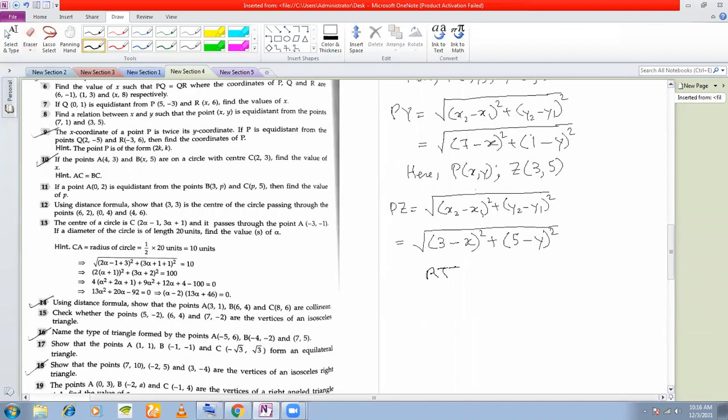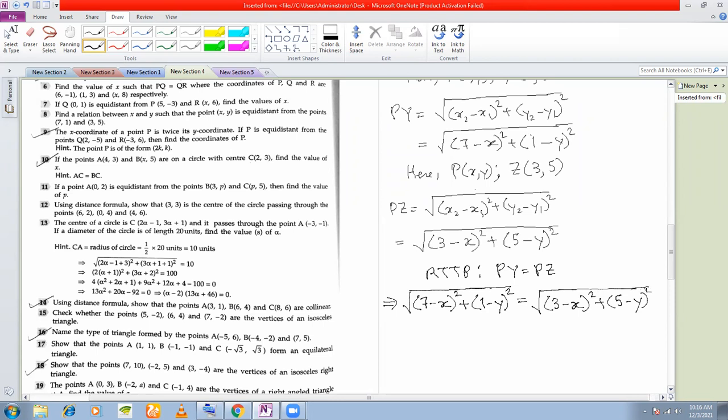According to the problem, we must have Py equal to Pz. So the Py distance here is the square root of (7 minus x) whole square plus (1 minus y) whole square. Pz here is the square root of (3 minus x) whole square plus (5 minus y) whole square. Now they're not asking you to find the value of x and y.